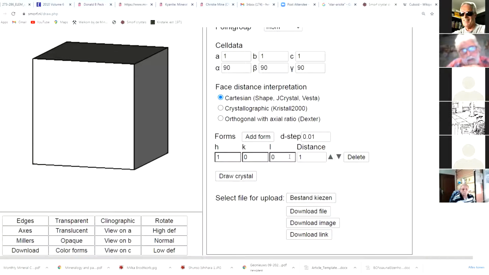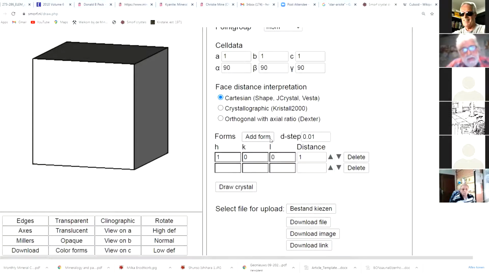Now, what is going to happen if we add another form? So we have the cube here. Now let's add the octahedron, okay? So we put in 1, 1, 1, and the distance from the center 1.